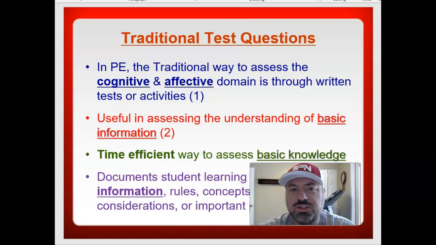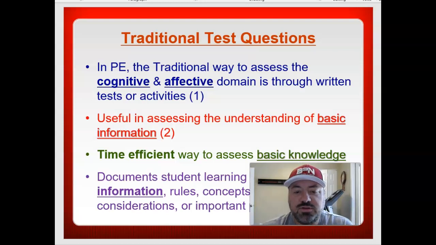Usually these type of questions don't get to a higher level depth of understanding. Those come through projects, portfolios, performances, different assessments. If you think back to chapter 2, most of those go into a deeper level of knowledge, a higher level of DOK than some of these basic traditional test questions.